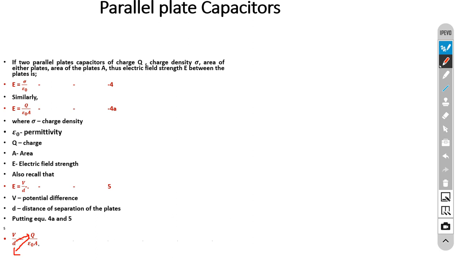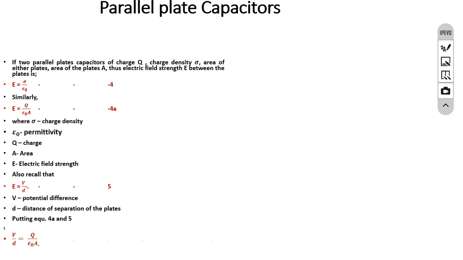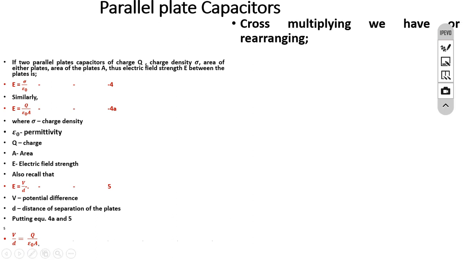So when I do that, I will have V over Q equals to D over epsilon naught A. Cross multiplying, and then you obtain V over Q equals to D over epsilon naught A.